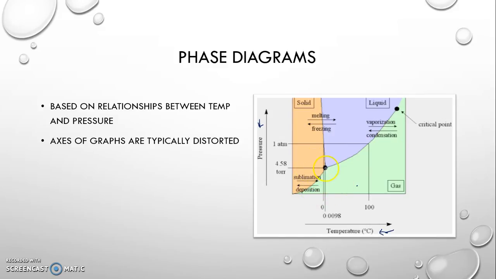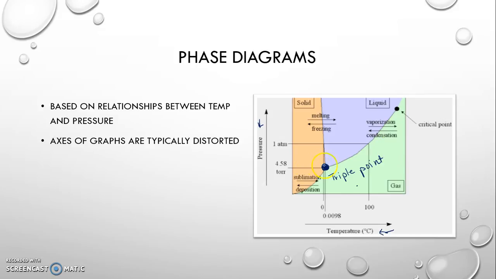Okay, so this first thing is this spot right here. This spot right here is what we call the triple point. The triple point is where conditions are favorable for all three states to coexist, meaning they can all be present at the same time, the solid, liquid, and the gas.